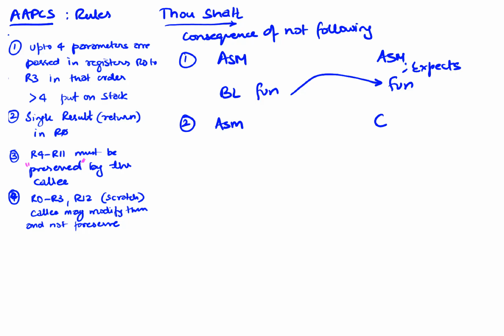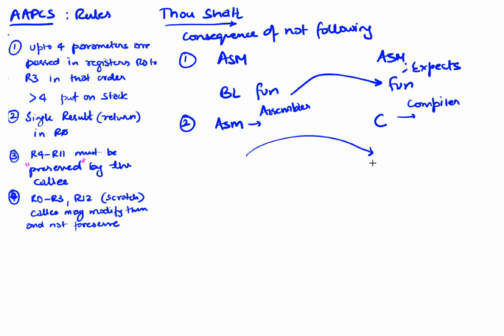Well, to make it look like the other one, let's have the assembly call C. And remember that there was an assembler that assembled this file, and you used your favorite assembler, and there's a compiler that compiled this. They're both basically developed independently, but they're now talking to each other. So how does this rule kick in?